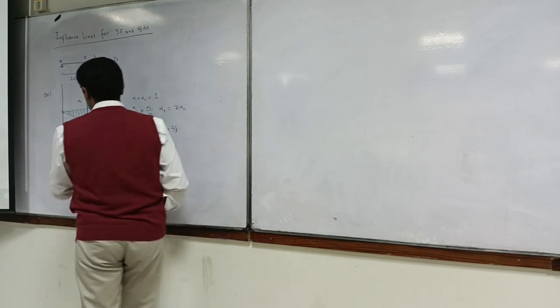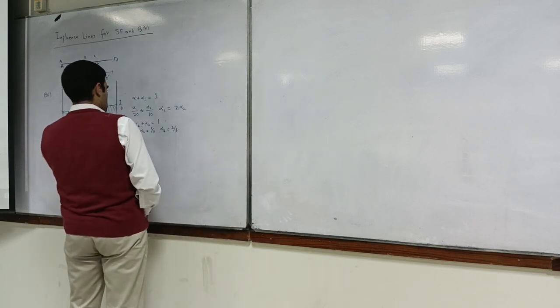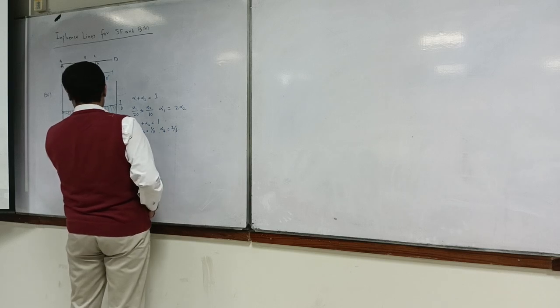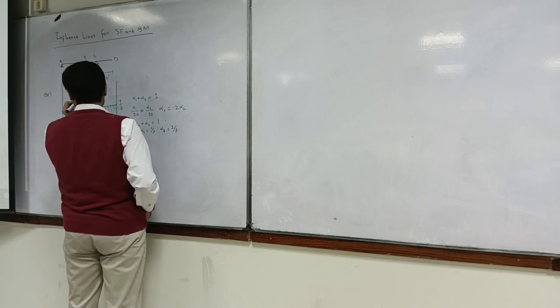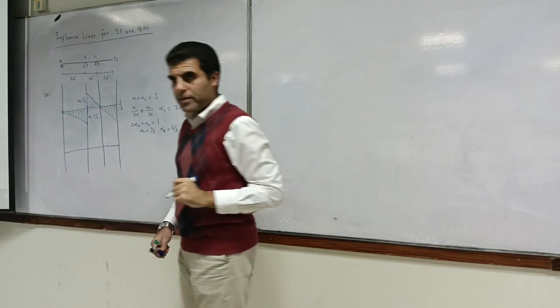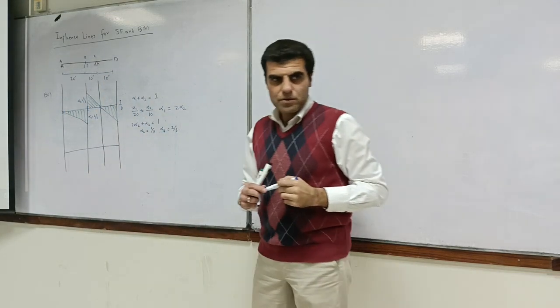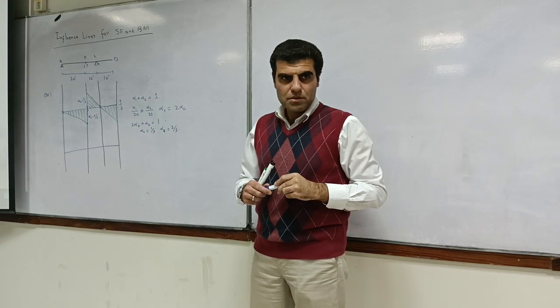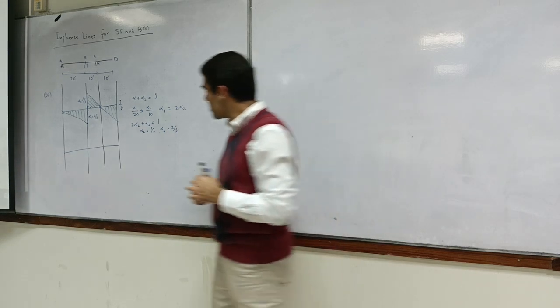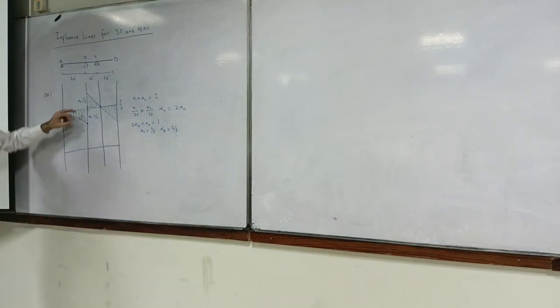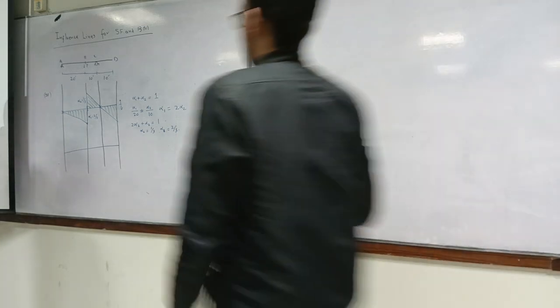So alpha 1 is 2 over 3, and this is 1 over 3. Agreed? Sir, alpha won't be three here, because the deformation has happened at three places: alpha 1, alpha 2 and what? I don't get it. What do you mean? Sir, the displacement has not happened at three places.